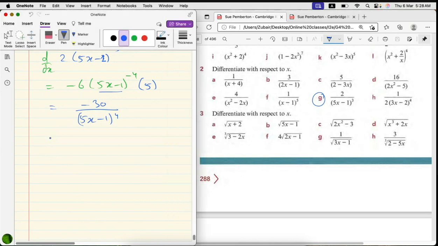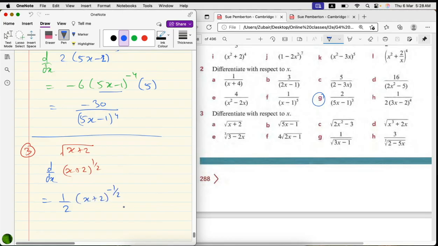Similarly, in question 3, the powers are now just fractions, and no rules change, nothing else. Square root of x plus 2. Now, this is (x plus 2) raised to the power 1 by 2. Before we differentiate, the power comes down, 1 over 2, and (x plus 2) raised to power minus 1 over 2, into 1.